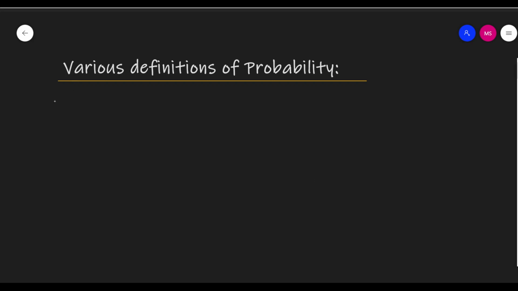So the first definition is the mathematical definition, or the other names are a priori or classical definition.